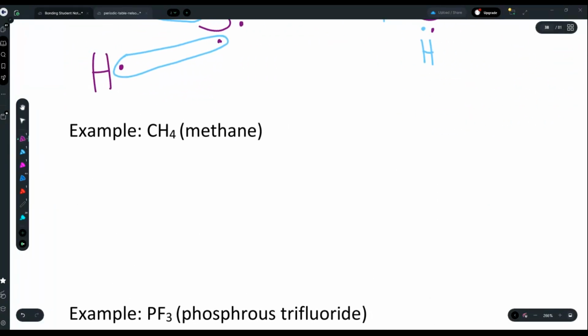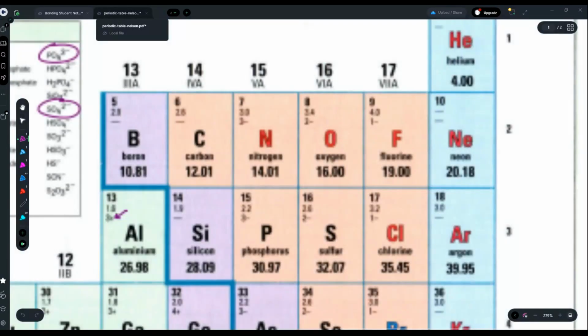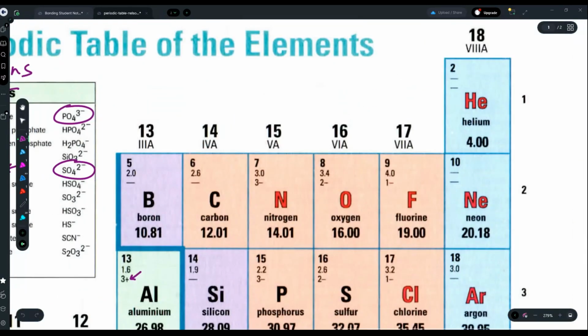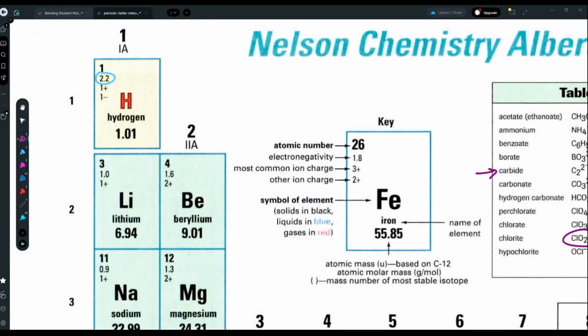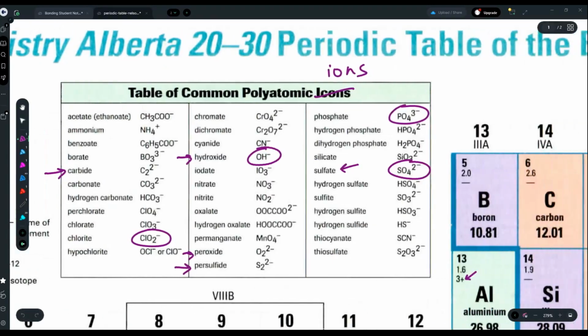With methane, I'm going to do the same sort of situation. Okay, so just looking ahead here, for carbon, it's in group 14, so I know it has 4 valence electrons, whereas hydrogen's just going to have 1 valence electron because it's in group 1.